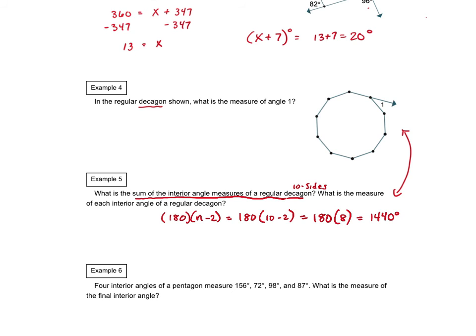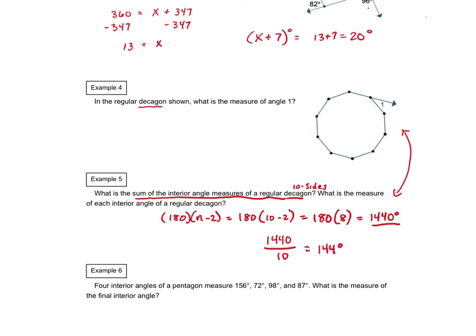That is the sum of the interior angles of a decagon. Now it says, what is the measure of each interior angle of a regular decagon? Well, we take the sum and we divide it by the number of sides, and then each interior angle is going to be 144 degrees.